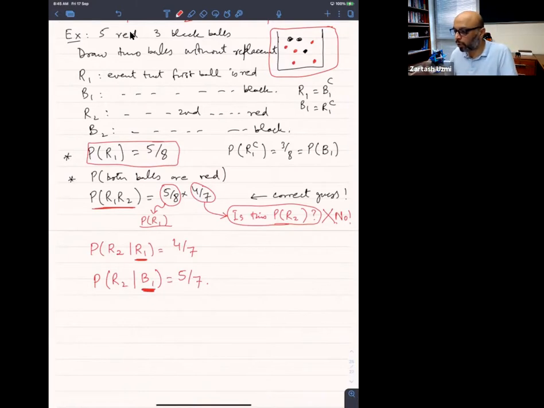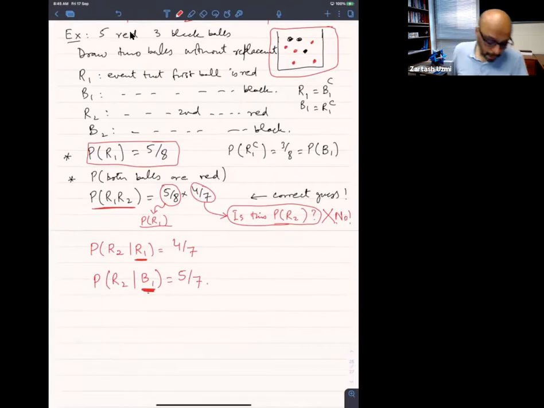Now you have to draw the second ball. What is the probability that it would be red, given that the first ball was black? We removed the black ball, so in that situation you are left with 5 red and 2 black balls. So the probability that this second ball is red is 5/7, given that the first ball was black.